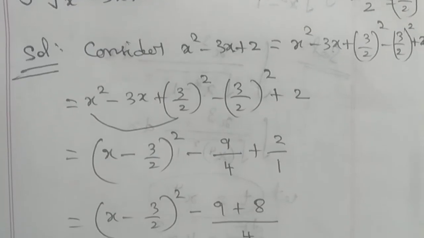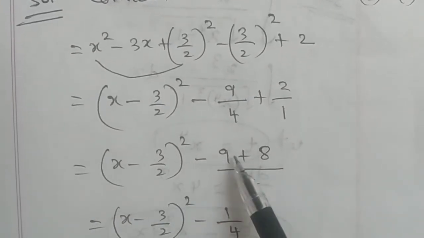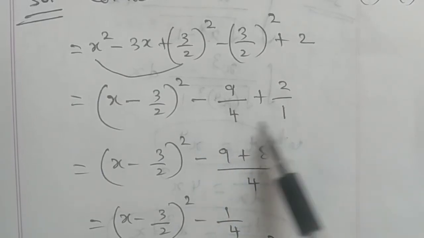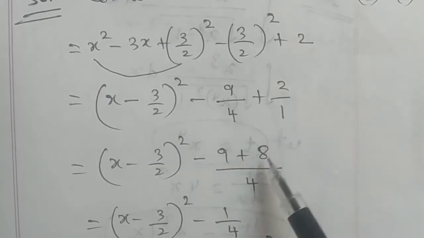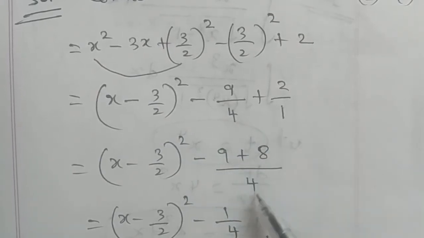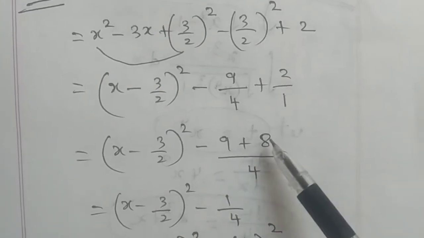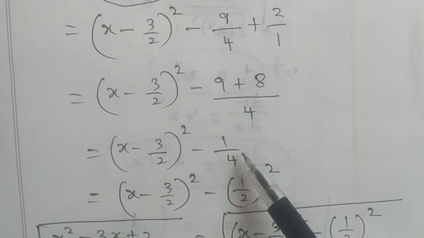Find the LCM of 4 and 1, which is 4. Minus 9 plus 4 twos are 8, divided by 4. So minus 9 plus 8, we get the value minus 1. Minus 1 divided by 4.